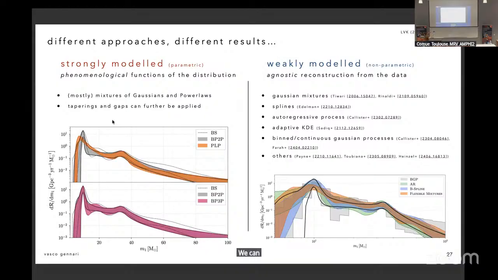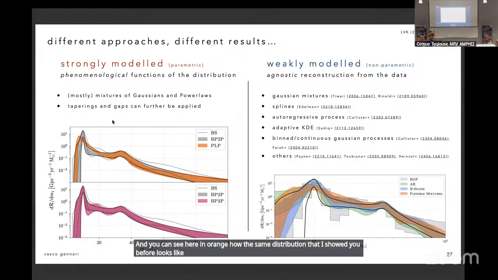So just to show you what this looks like, if we take again the distribution of the primary mass, for strongly modeled approaches this mostly means taking combinations of Gaussians and power laws. You can see here in orange how the same distribution that I showed you before looks if you assume a model that is just made by a power law plus a Gaussian peak.